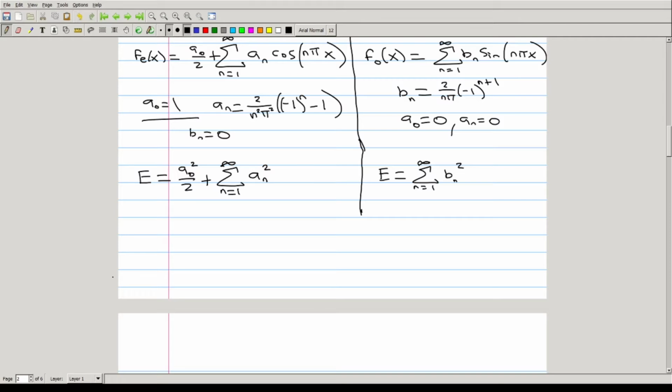For both series, the total energy, E, which is 2 over L times the integral from negative L over 2 to positive L over 2 of the extension of f of x squared, will reduce to just 2 times the integral from 0 to 1 of x squared dx, which will end up being 2/3.